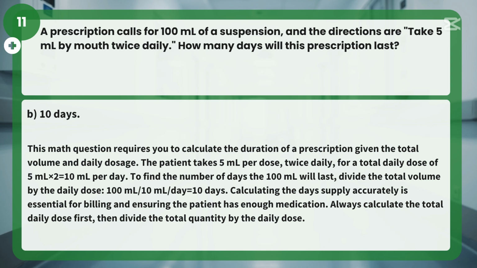To find the number of days the 100 milliliters will last, divide the total volume by the daily dose: 100 mL divided by 10 mL per day equals 10 days. Calculating the day's supply accurately is essential for billing and ensuring the patient has enough medication. Always calculate the total daily dose first, then divide the total quantity by the daily dose.